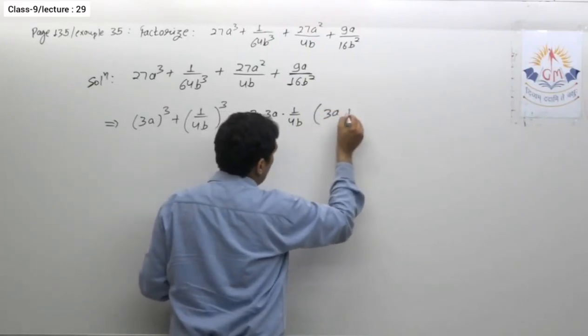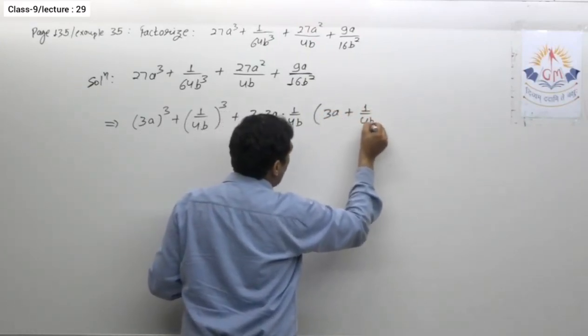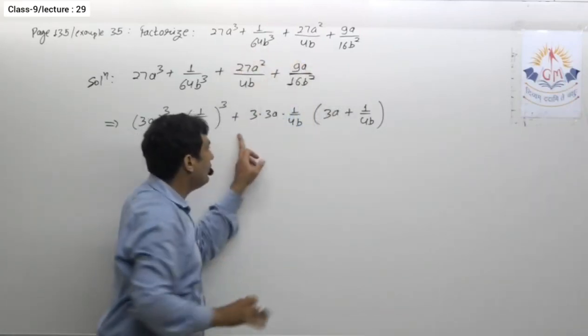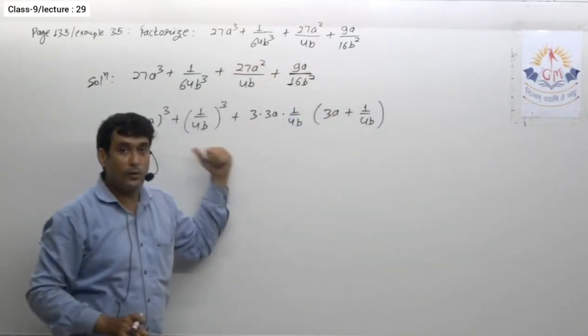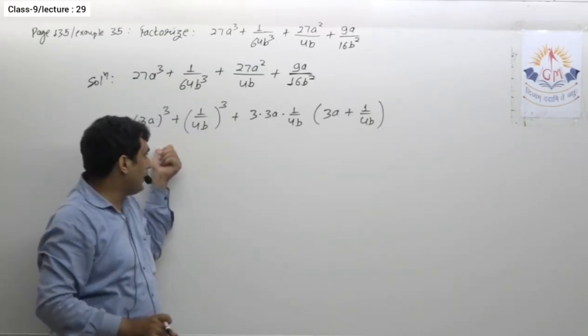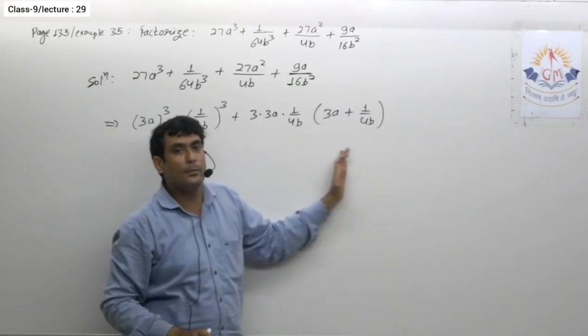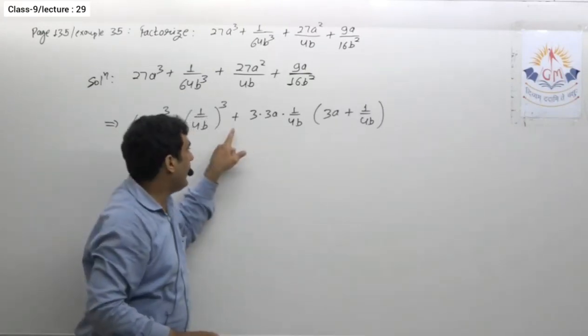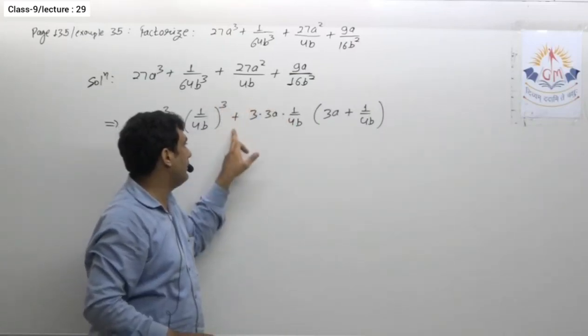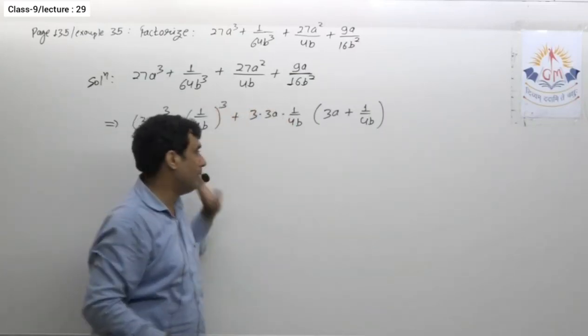Again, I am repeating, I am not writing this by looking at this expression. I wrote this term according to the identity of (a plus b) whole cube. As I got a cube plus b cube, I wrote 3ab into (a plus b). And why did I take plus? Because there is a plus sign over there. If one of these is a negative sign, then definitely I will take a negative sign.